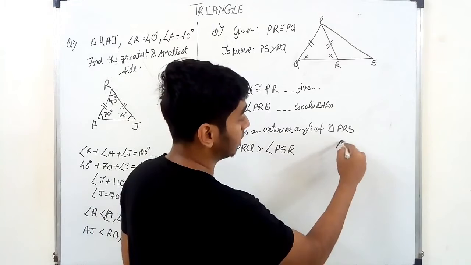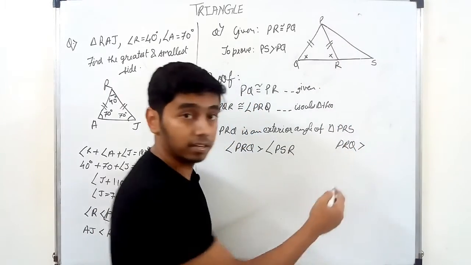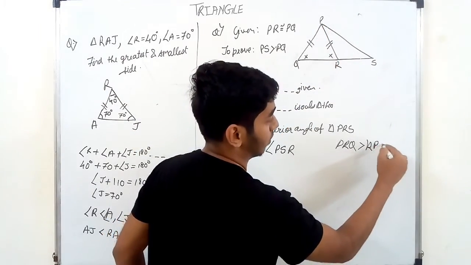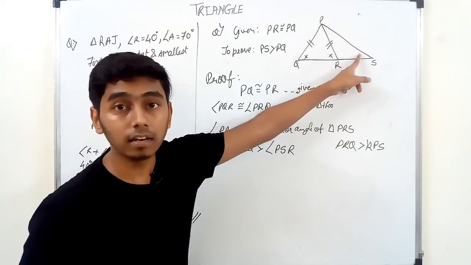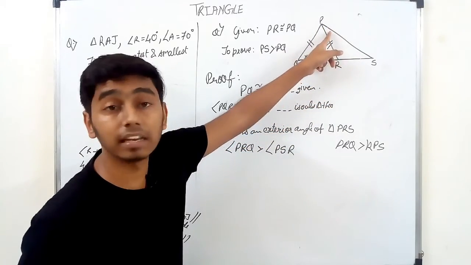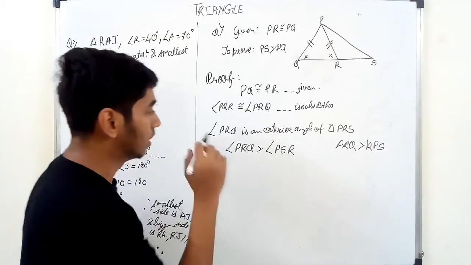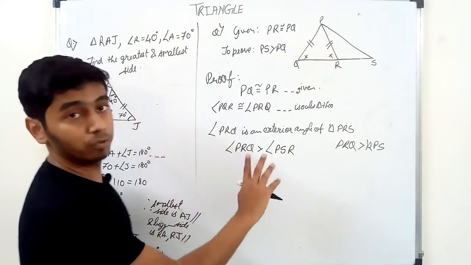So PRQ is greater compared to RPS also. So it is greater than PSR, which is this interior angle, and this interior angle also. But we are not taking this. Here, we are not considering this for the proof.